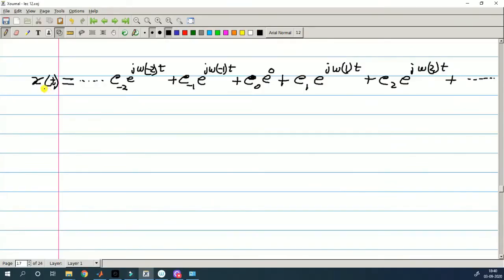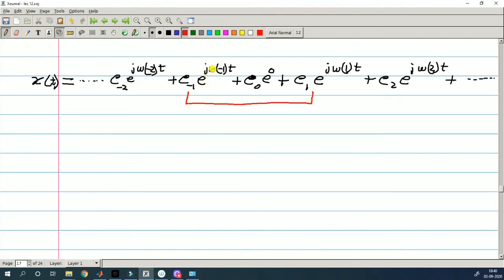Now we have learned that almost any periodic signal x(t) can be written as an infinite sum of complex exponentials: C0 e to the power j0 omega t, C1 e to the power j omega 1 t, C2 e to the power j omega 2 t. On the other side, C minus 1 e to the power j omega minus 1 t, and so on. Now you notice that these terms occur in pairs.